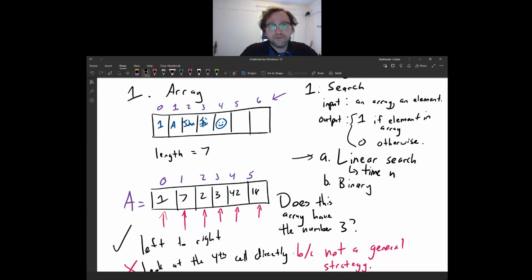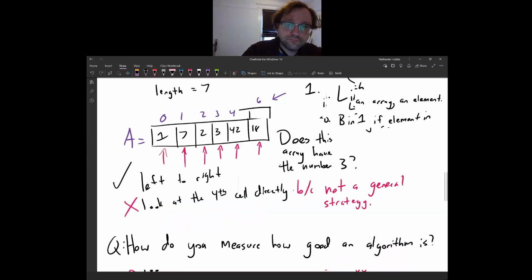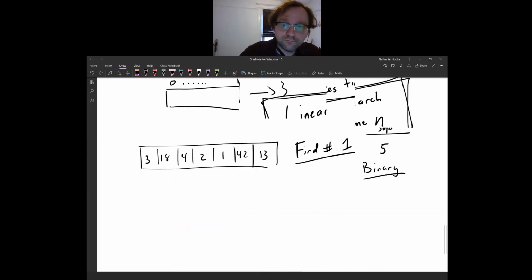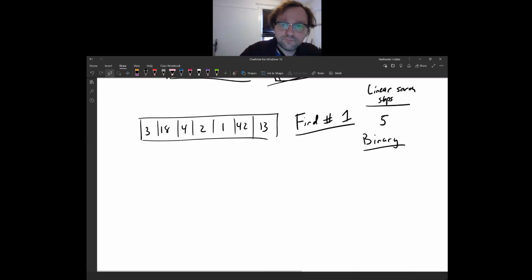It still takes the same amount of time in the worst case, which is time n. They're both considered a linear search. Okay. Now, the binary algorithm.